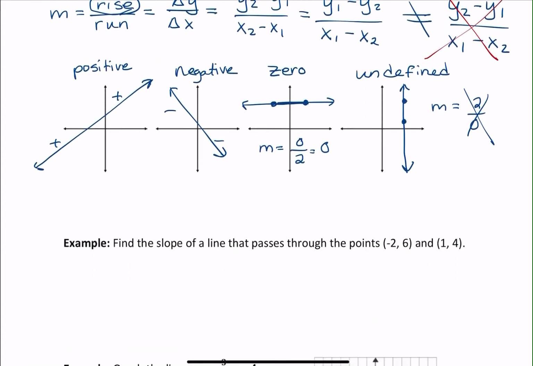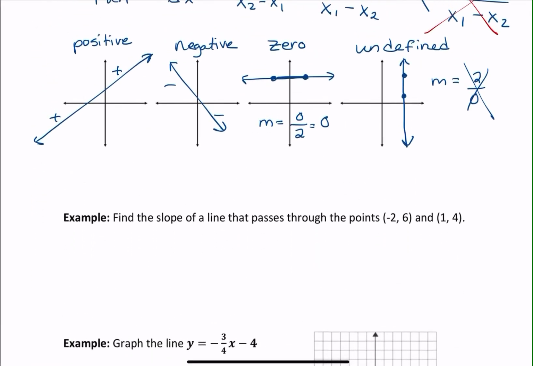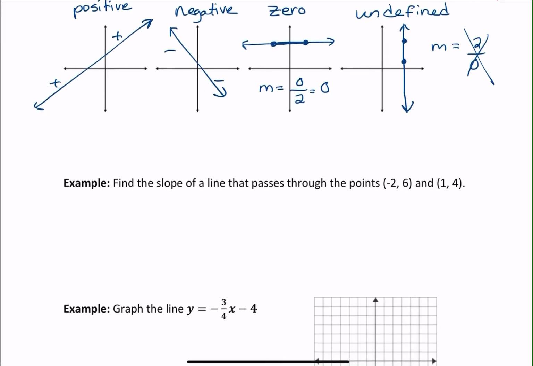Let's do an example of finding slope. It says find the slope of the line that passes through the points (-2, 6) and (1, 4). I want you to label these points x1, y1, and x2, y2. If you do this every time, you tend to not make simple mistakes where you mess up your point. So remember, the change in y goes on top, so y2 minus y1, or you could do y1 minus y2, it doesn't matter. And then x2 minus x1.